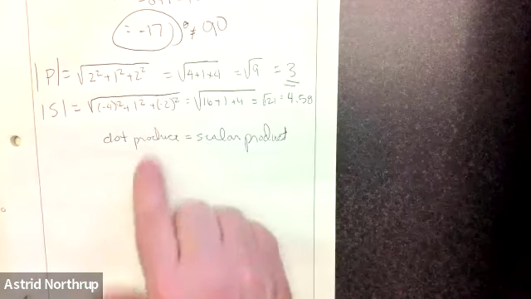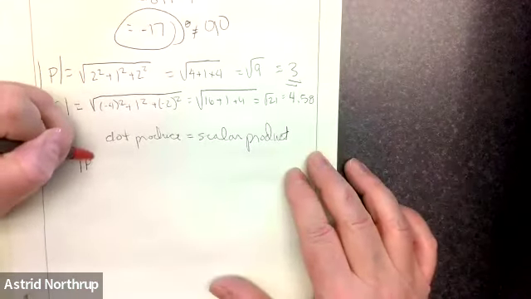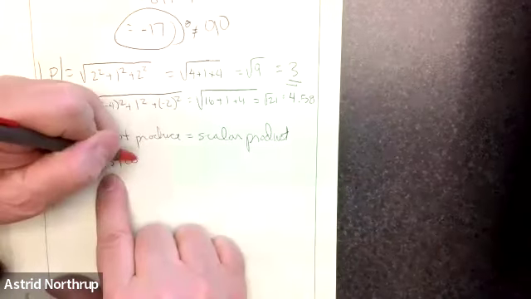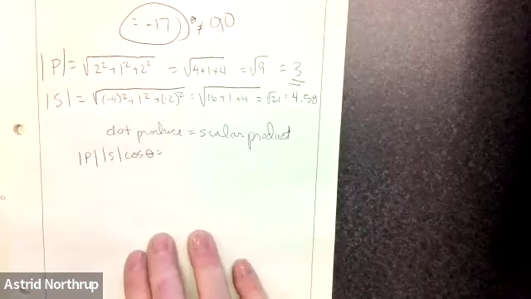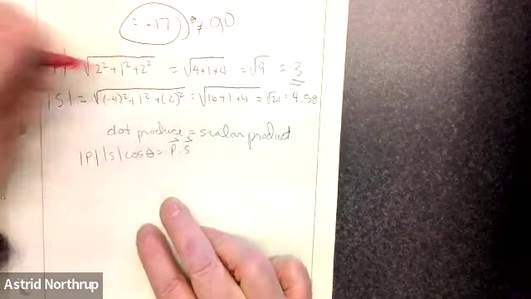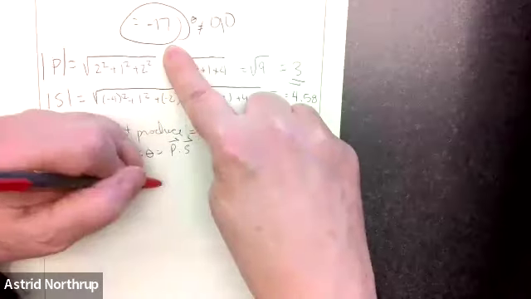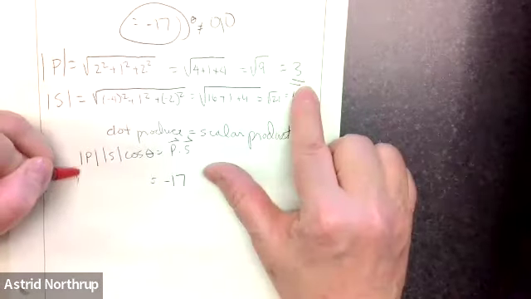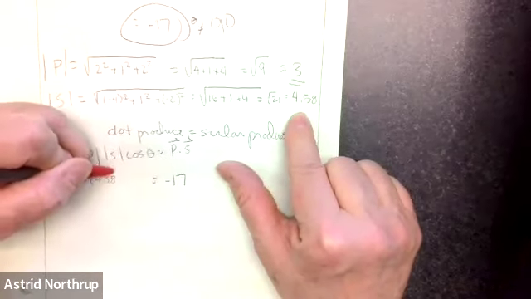All right, but let's do one more thing. I've also told you that if I take the magnitude of each vector and multiply them by the cosine of the angle between them, that is going to be equal to the dot product of those two vectors. I have calculated the dot product here to be -17, and I know that the magnitude of P is 3 and the magnitude of S is 4.58.